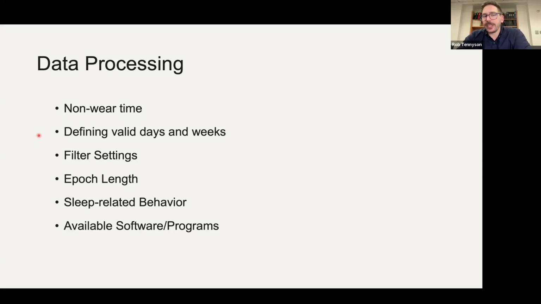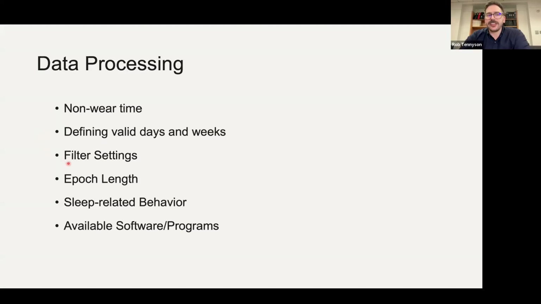If you're having someone wear it for 24 hours a day, I think the general consensus is to look for days that are 16 plus hours. If someone was wearing it for only 15 hours that day, just don't include it. Otherwise you might bias your data compared to some of the other individuals in your study.